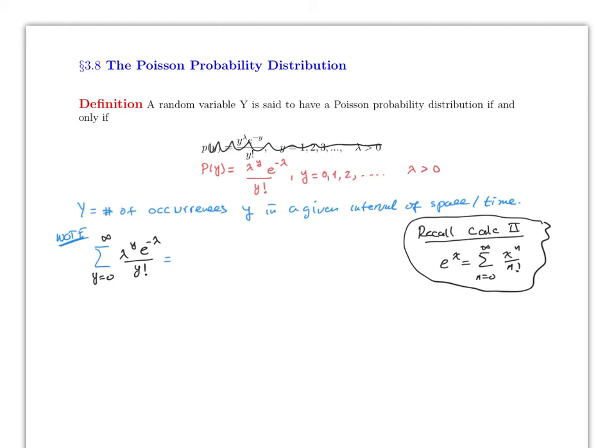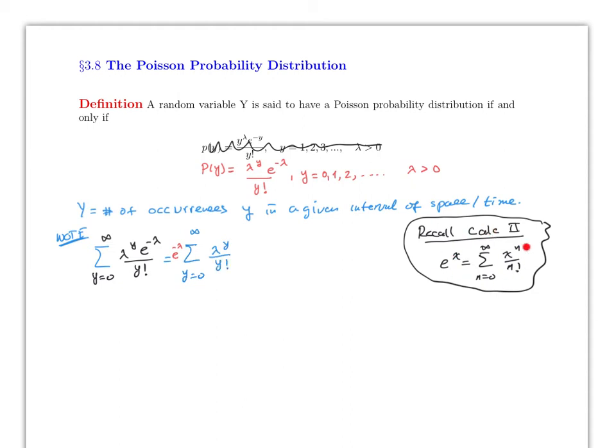Therefore here, since the summation is with respect to y, you can take e to the minus lambda outside. So this will be the sum from y equals 0 to infinity, and the e to the minus lambda will go outside, and then here this will be lambda to the y over y factorial.